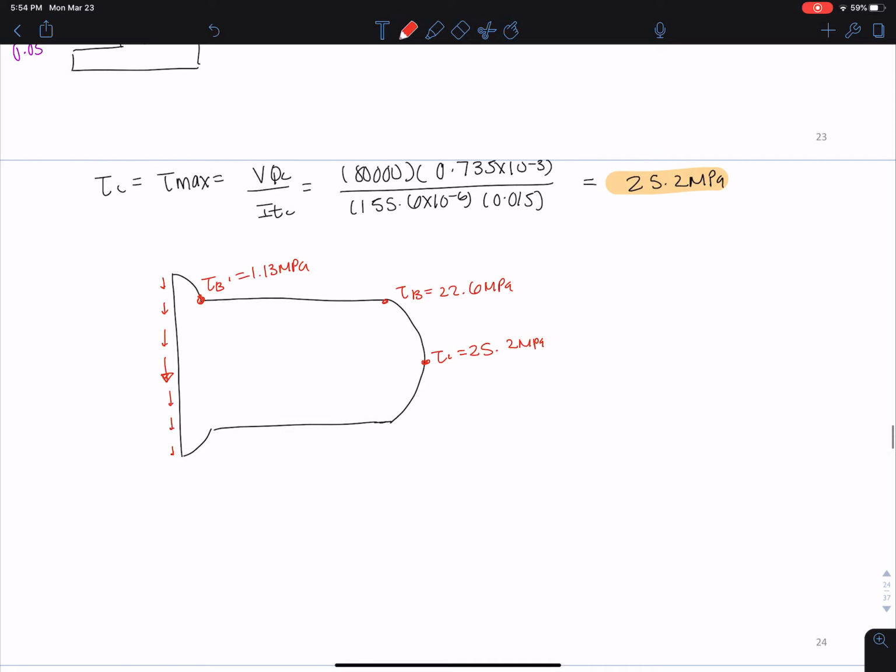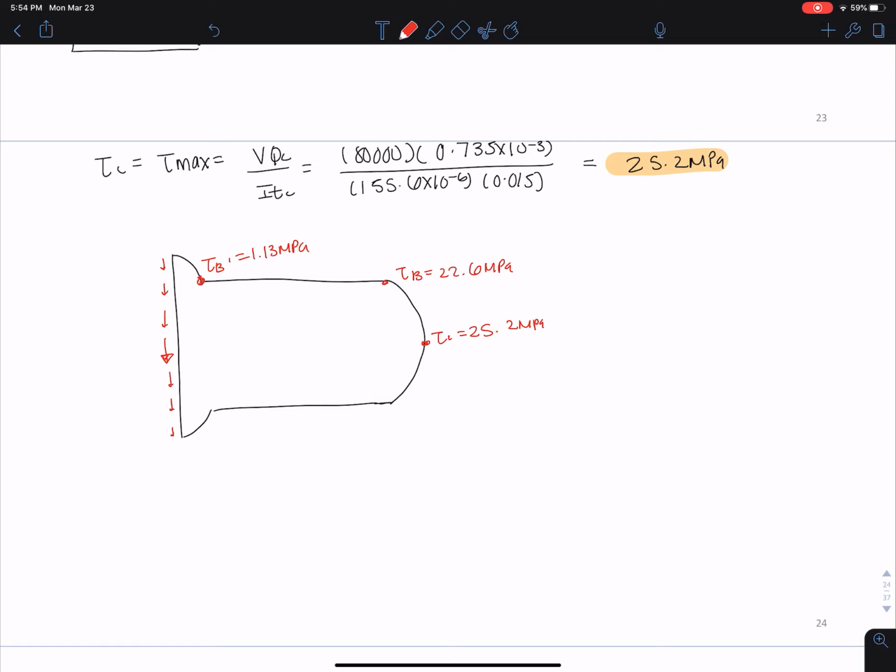Okay, and then just note here that most of the shear stress occurs in the web, and it's almost uniform throughout its depth, so it varies from like 22.6 to 25.2. We're not so interested in what's happening here.